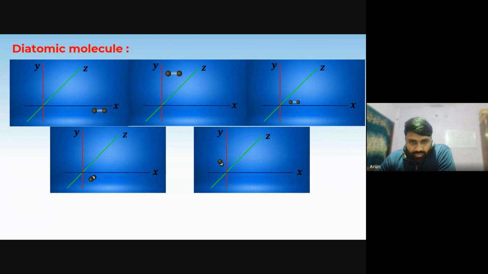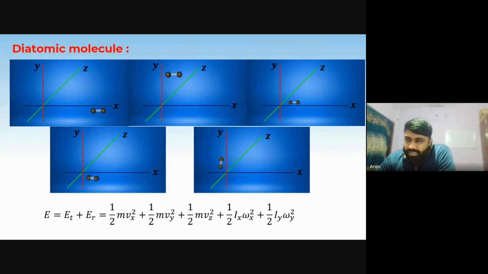So the total energy will become E from translation plus E rotational. From translation, it is 1 by 2 m vx square plus the same expression for vy and vz. And for rotation also, it is half Ix omega x square plus 1 by 2 Iy omega y square.